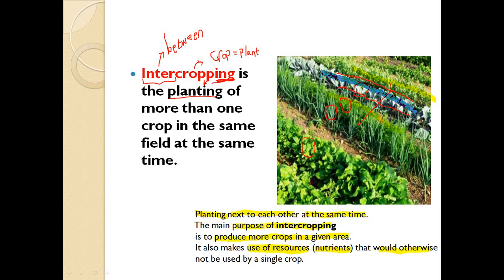Again, to conserve resources, rather than planting in one area and then go plant again in another area and go plant in a third area and another plant in a fourth area. No, we will be intercropping them all together in one place, and this one place has them all at the same time, in the same place or the same field.